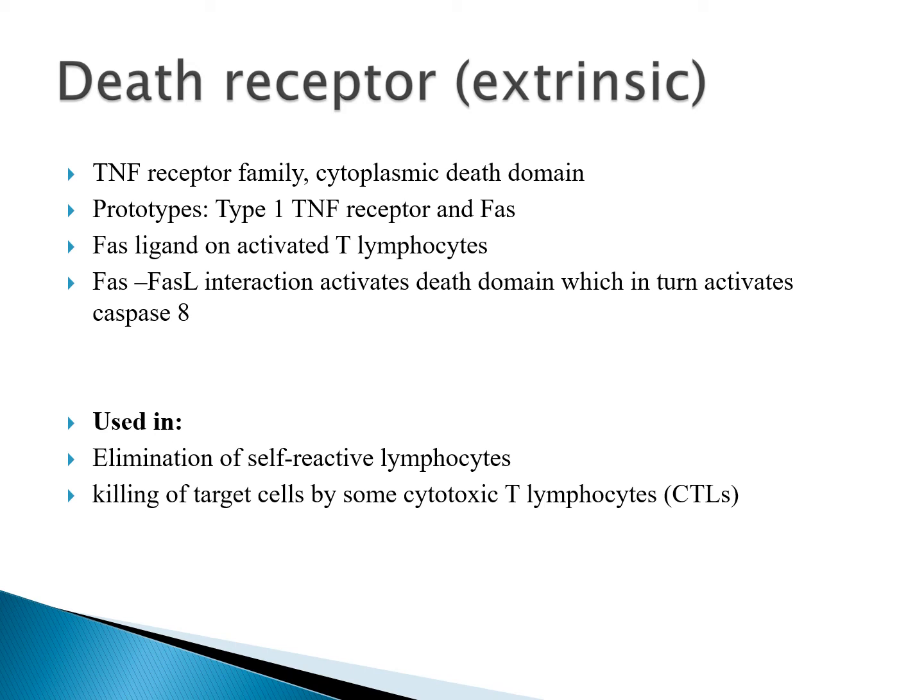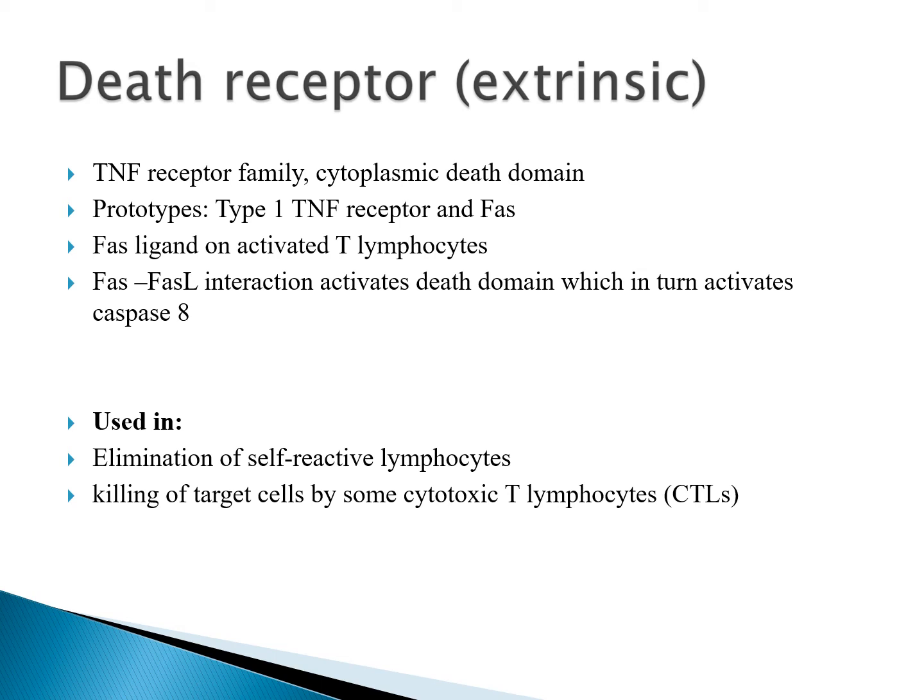Here the death receptors include a family of the tumor necrosis factor receptors. These receptors have a cytoplasmic domain called the death domain. Why is it called the death domain? Because it mediates processes that will lead to cell death. The prototypes of these receptors are type 1 tumor necrosis factor receptor and the FAS receptor.